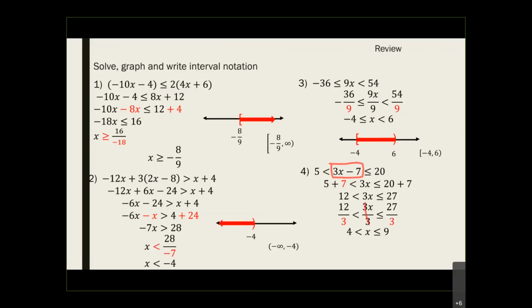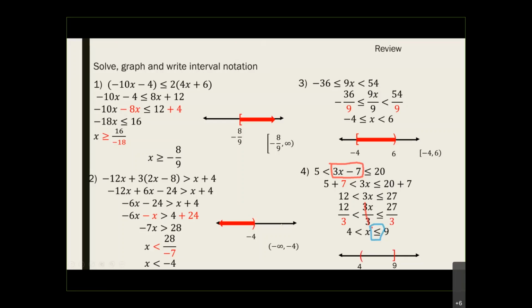So this is what we have in terms of solving. We're done with the solving part. Looking at this, what is your endpoint? Your endpoints are 4 and 9. On the left side is 4, and on the right side is 9. And a reminder: when do we use the bracket and when do we use the parenthesis? I purposely gave you this reminder that if there's an equal sign, we use the bracket, which in this case is on this side.